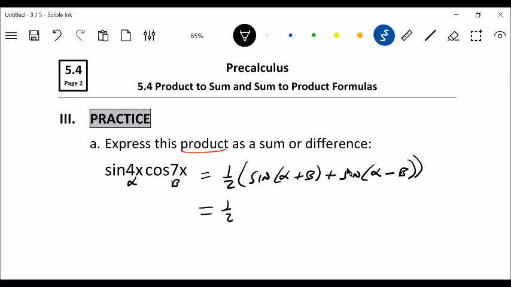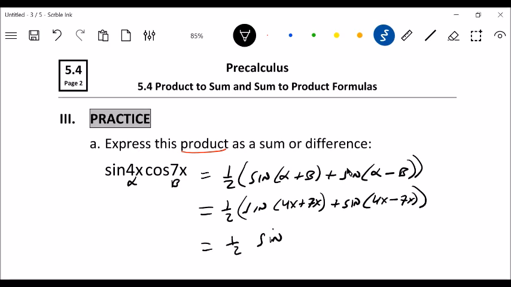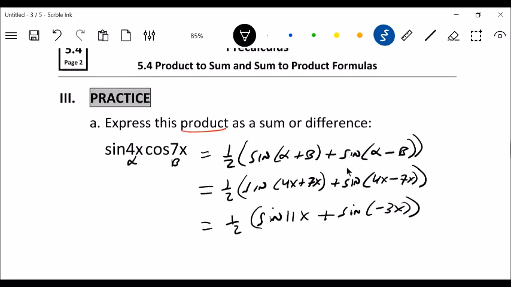And that's equal to 1/2 sine 4x plus 7x plus sine 4x minus 7x equals 1/2 sine 11x. Now, this one, okay, do it step by step here, minus 3x.